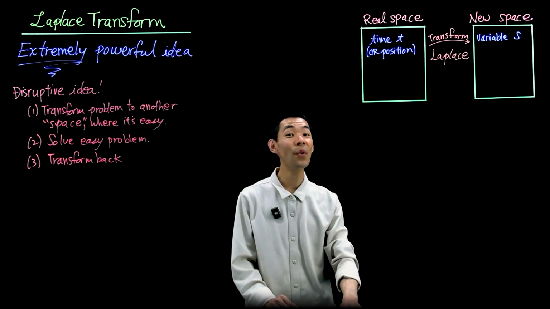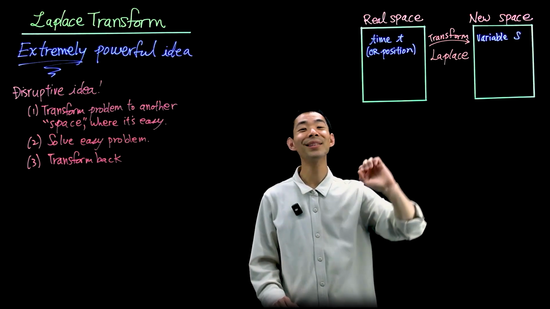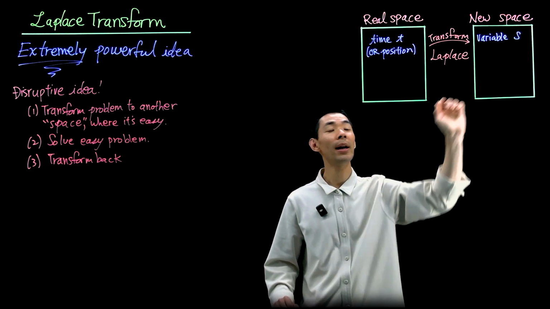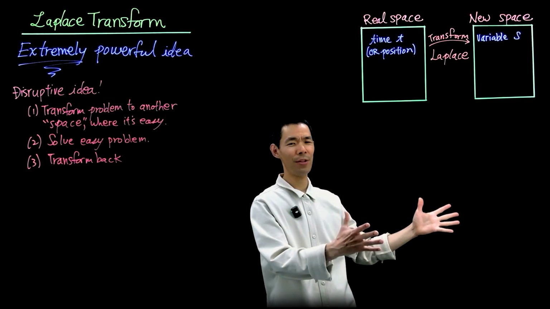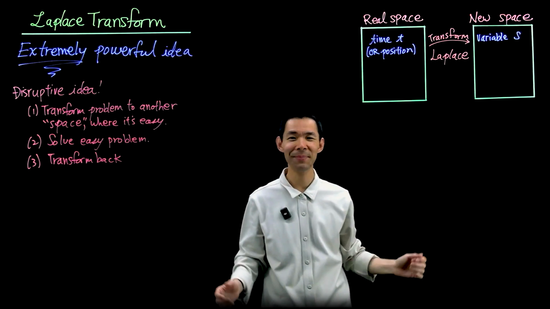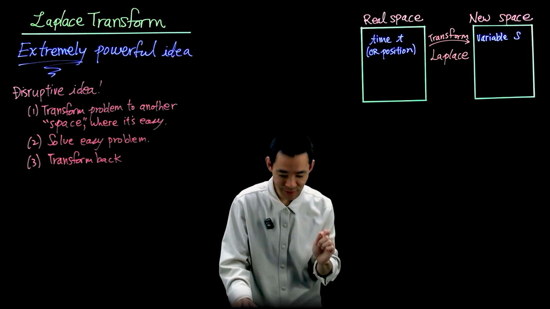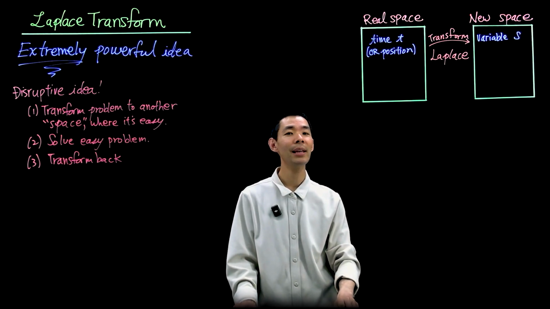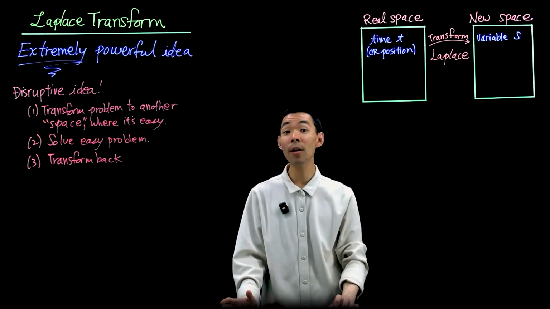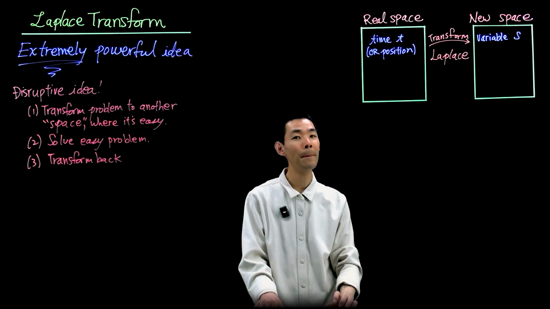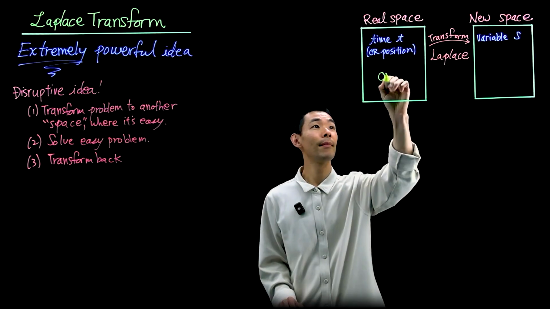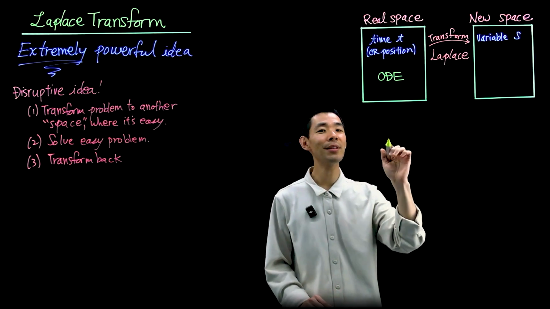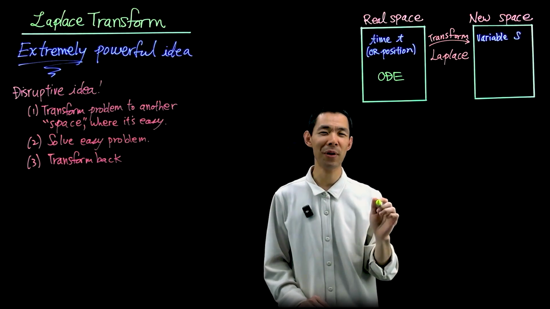So we've transformed using Laplace techniques to go from a real space variable over to a variable s in this new dimension or new space, whatever that is. And what's remarkable about this technique is that the result is you can take an equation that was hard to solve, for example, like an ODE, and that really hard ODE magically turns into an algebraic equation.